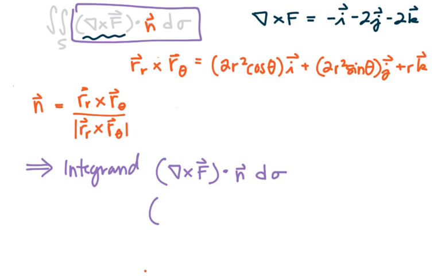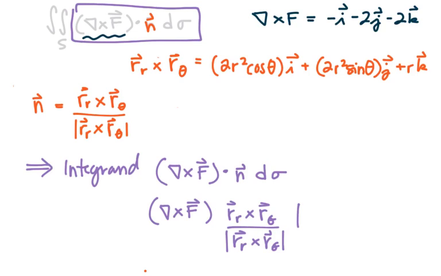So what this means is I have del cross F. My unit normal vector is going to be r sub r cross r sub theta divided by its magnitude. And then what is d sigma going to be? Well, we will have the magnitude of r sub r cross r sub theta dr d theta.